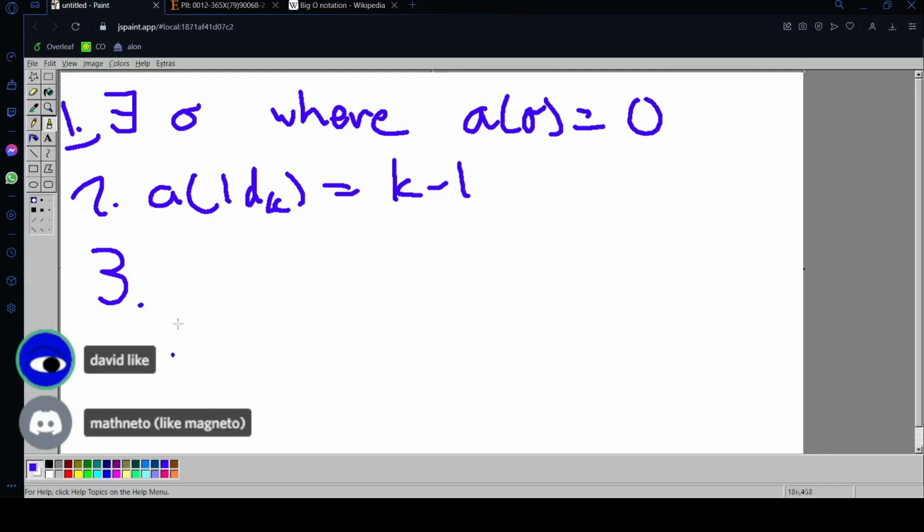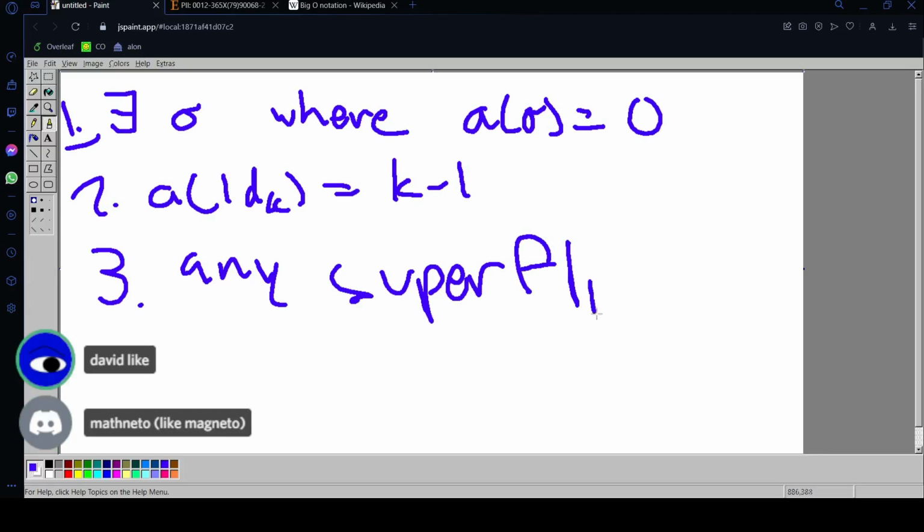So any super flip, or sorry, pancake flip, what do you call it? A pancake flip. Yeah, any pancake flip can at most add one adjacency, which you showed at the end of that.